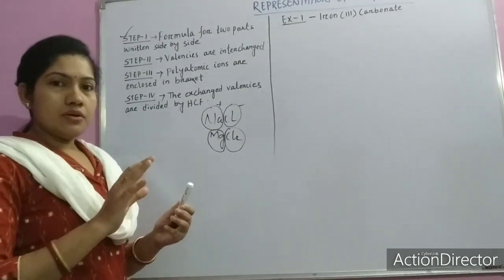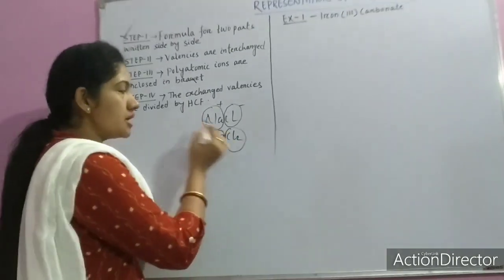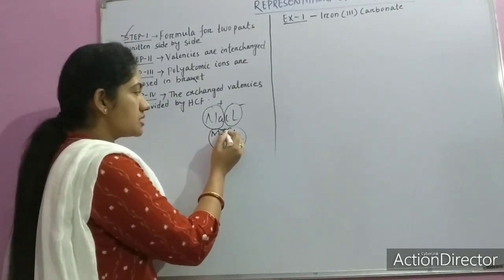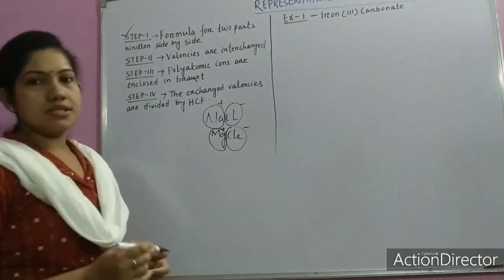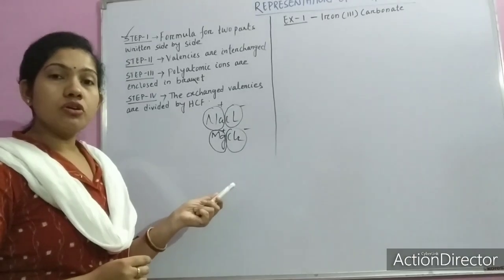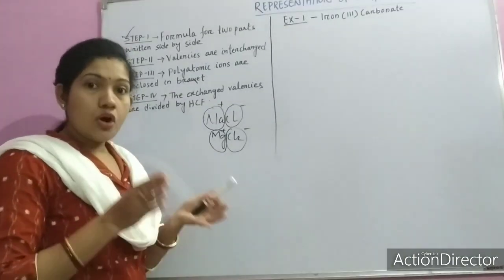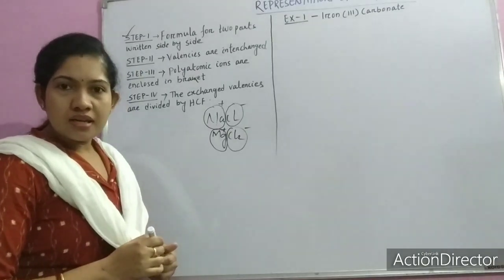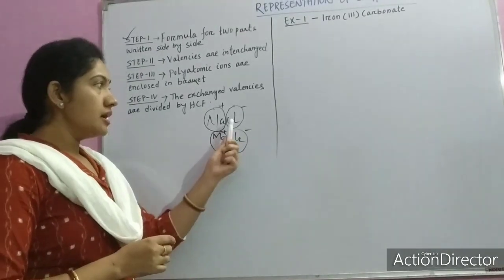Most of the time, the first one is the cation. In MgCl2, Mg is the cation and Cl2 is the anion.